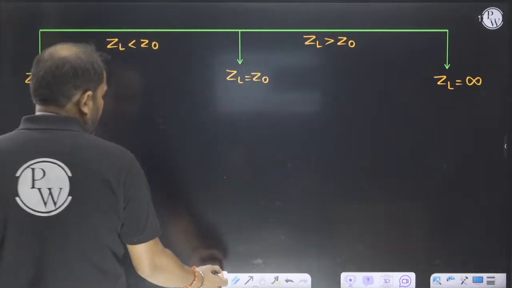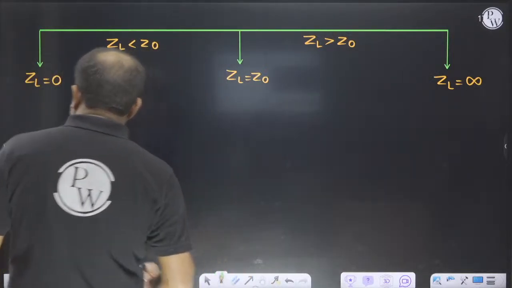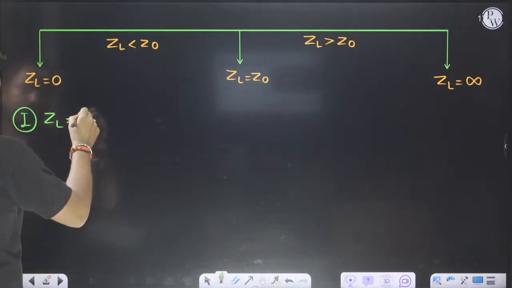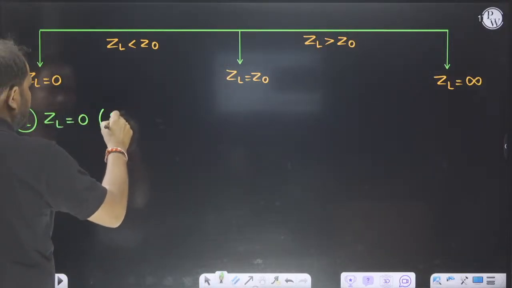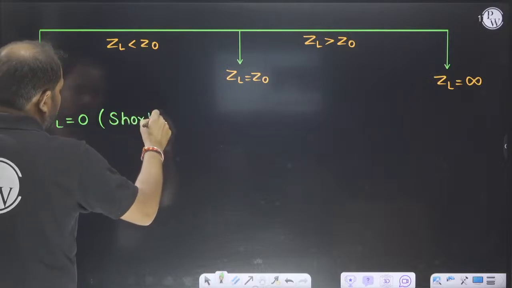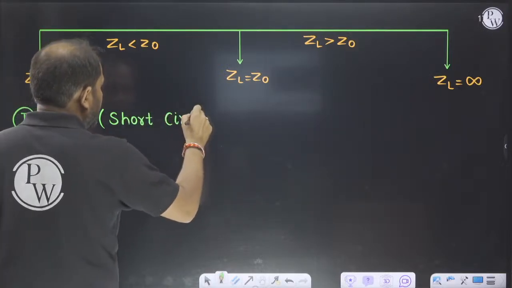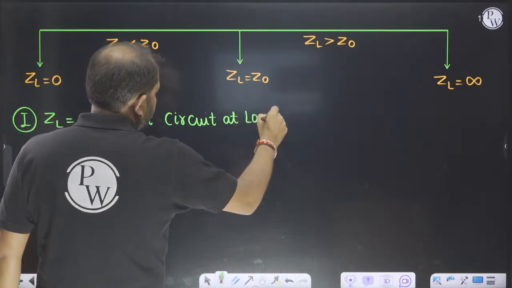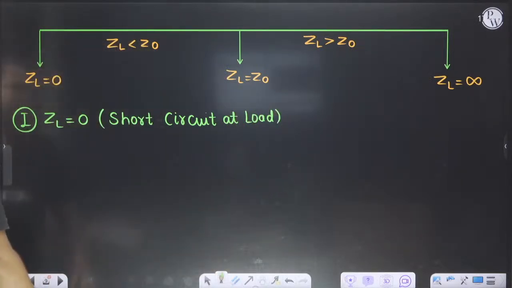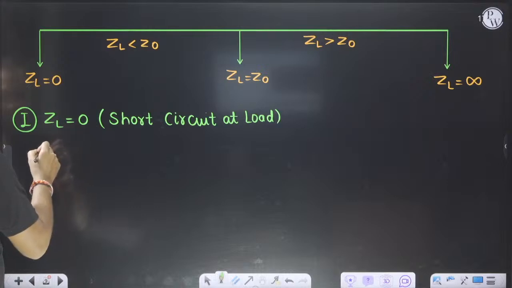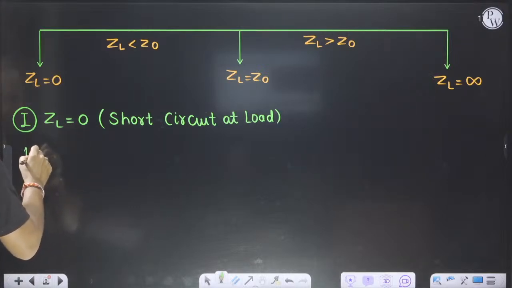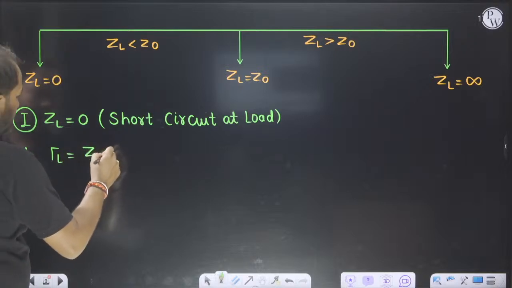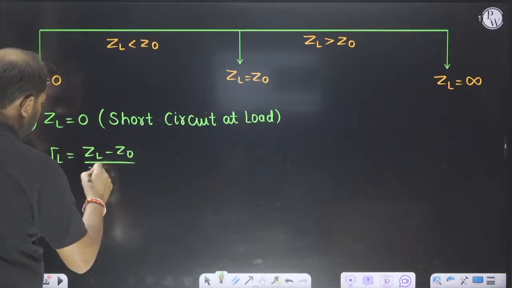So I will go for the first case. Case 1 is ZL equal to 0, that means short circuit at load. Then first of all, I will calculate gamma L. Gamma L is equal to (ZL minus Z0) divided by (ZL plus Z0).